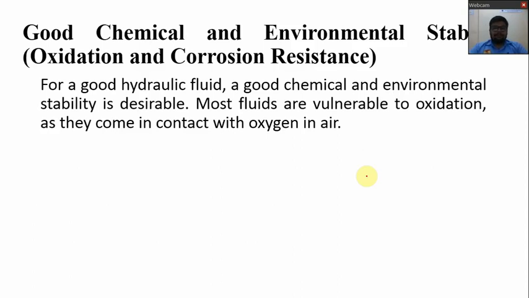If moisture enters the hydraulic system, it will cause parts made of ferrous materials to rust, and rust is a chemical reaction between the iron or steel and oxygen. Corrosion, on the other hand, is the chemical reaction between the metal and an acid.